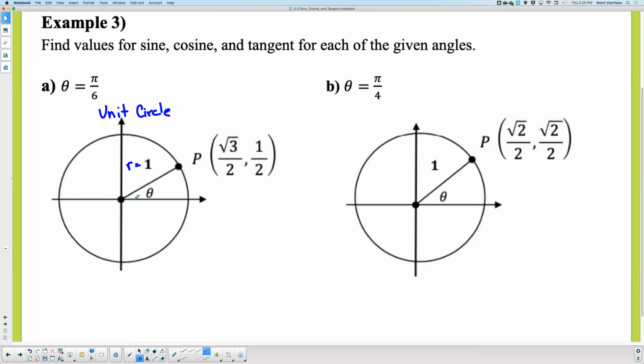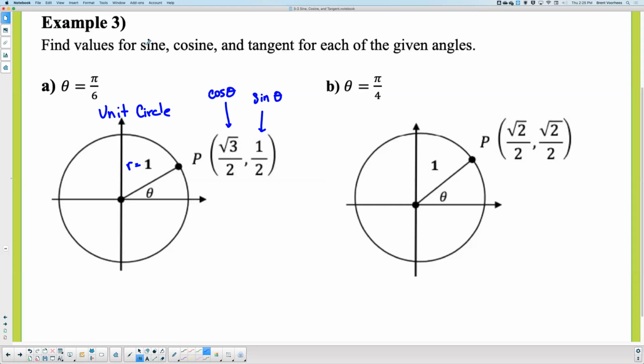If it's a unit circle, well, guess what? Sine is y. This right here is the sine. Sine is y. Well, what is the x? Cosine. That's the cosine.